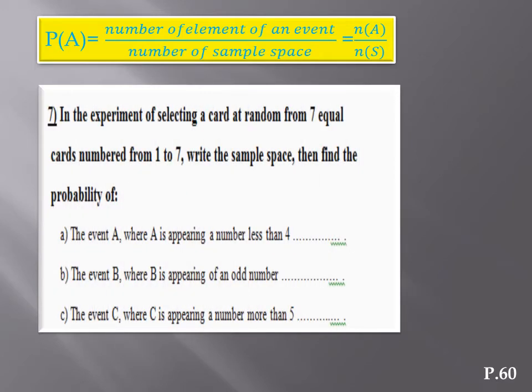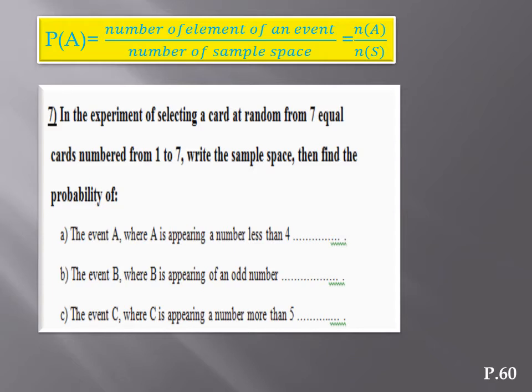The probability of A, the probability of any event, equals the number of elements of this event over the number of elements of the sample space. In the experiment of selecting a car at random from 7 equal cars numbered from 1 to 7, write the sample space, then find the probability.